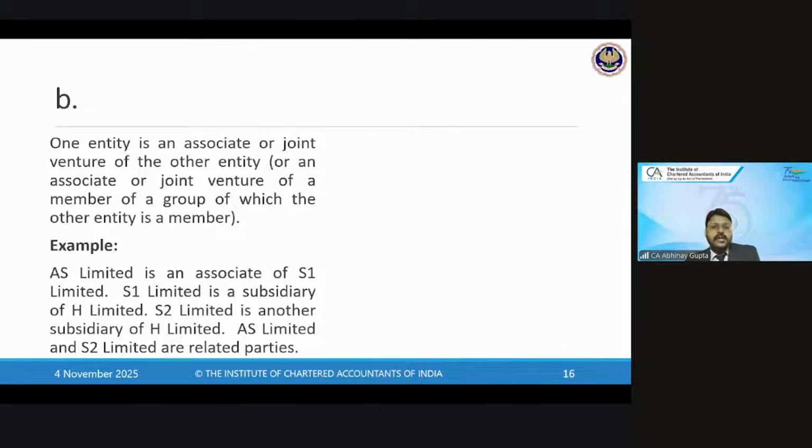Now, the second clause. One entity is an associate or JV of the other entity, or an associate or joint venture of another member of the group of which the entity is a member. So let's understand. Suppose AS Limited is an associate of S1.